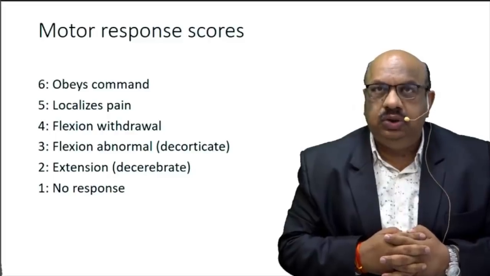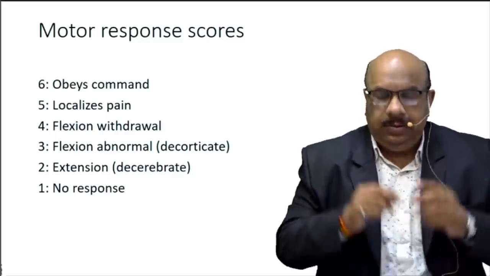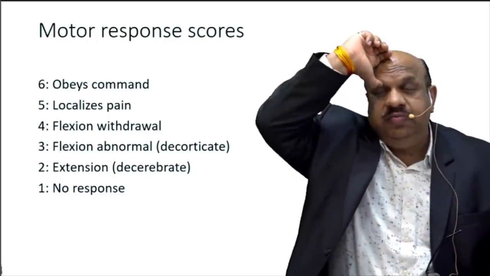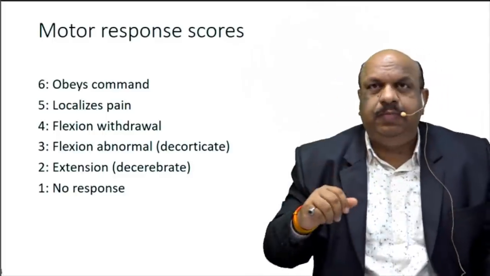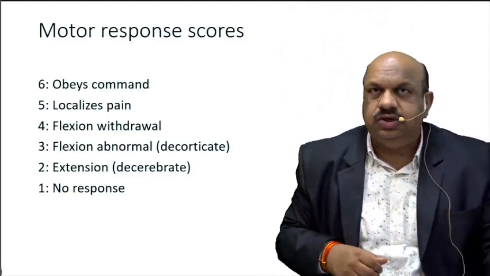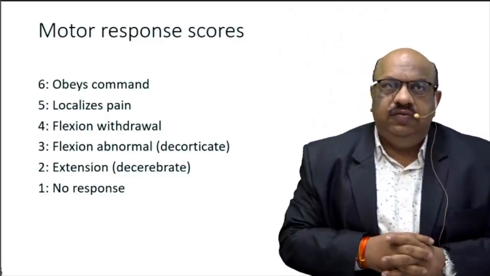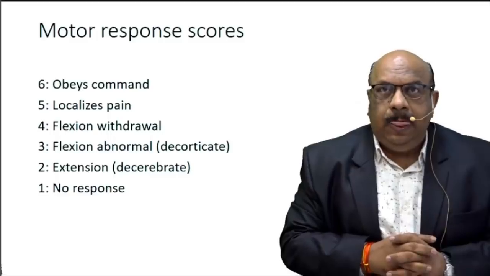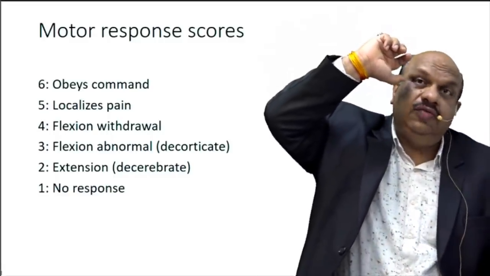4 is flexion withdrawal. Like you give a painful stimulus. Suppose I press here, the supraorbital nerve, and the patient is unconscious, he'll take his head away from the painful stimulus. If I pinch here on the arm, he'll move his hand away in flexion. Flexion withdrawal, he can perceive the painful stimulation. 5 is localizes pain. Suppose I pinch here and he takes his head away, that's 4.